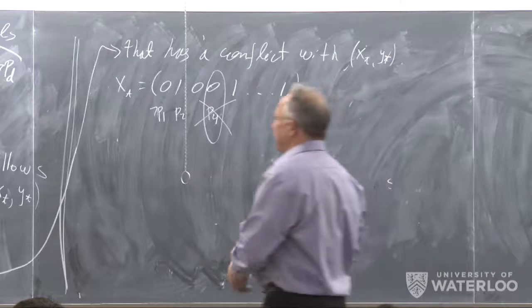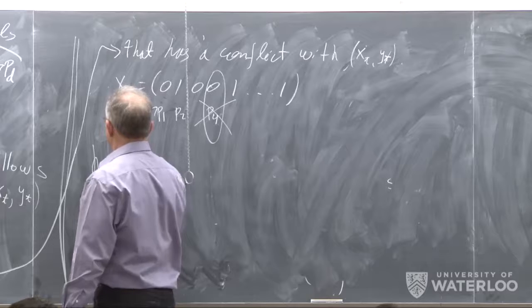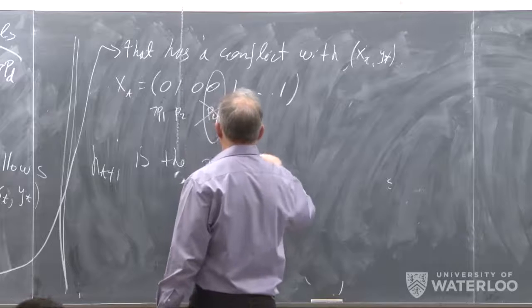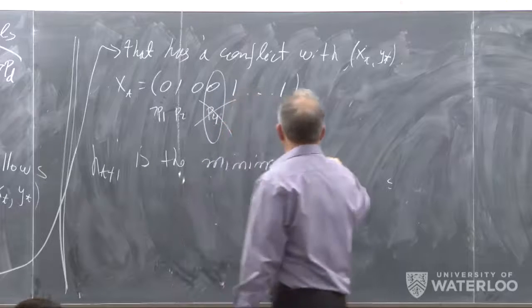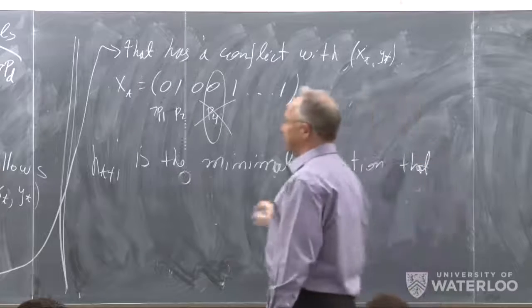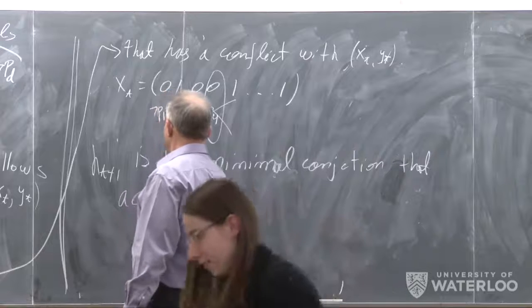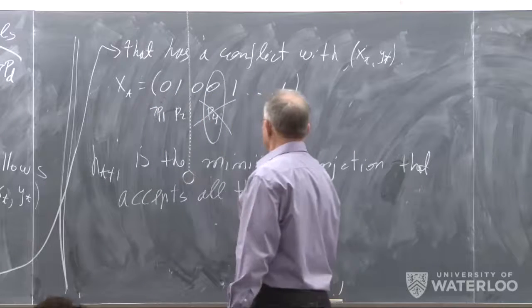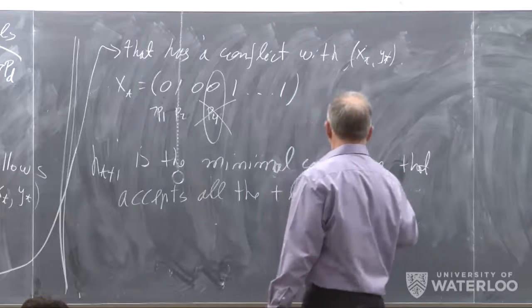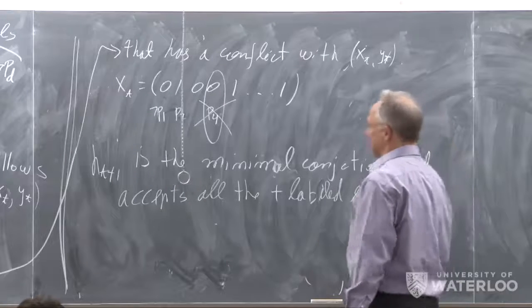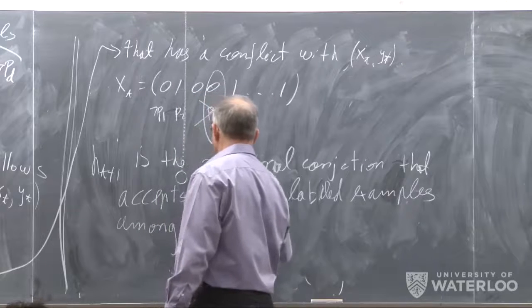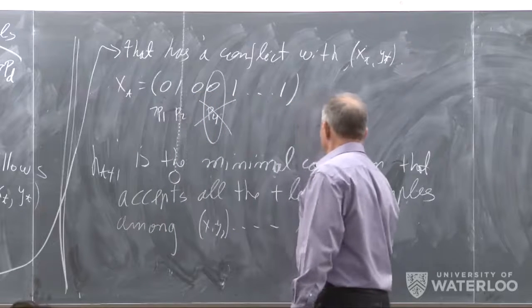So in other words, h_{t+1} is the minimal conjunction that accepts all the plus-labeled examples among (x1, y1) up to (xt, yt).